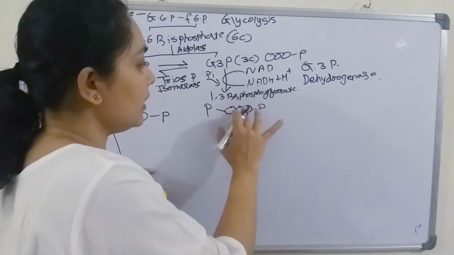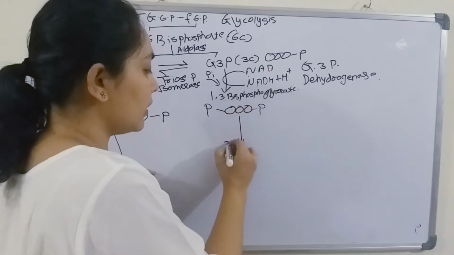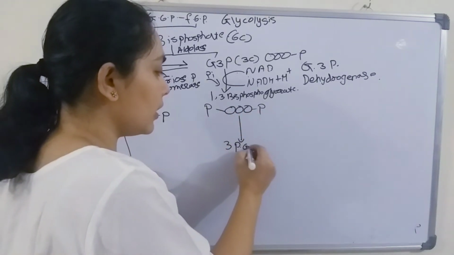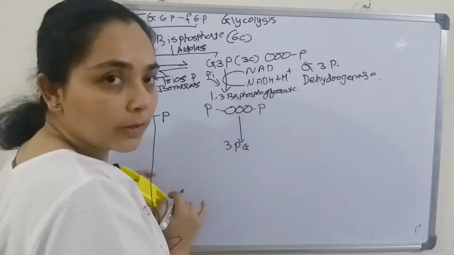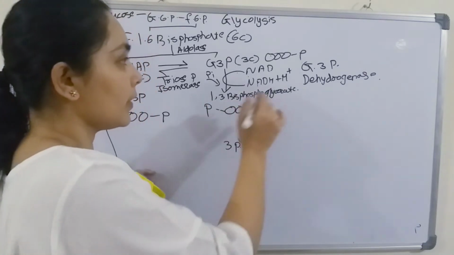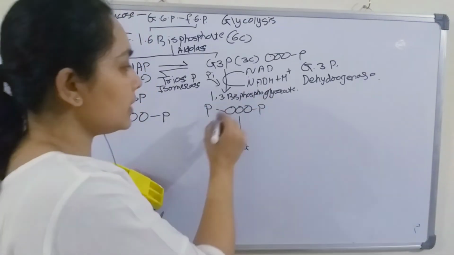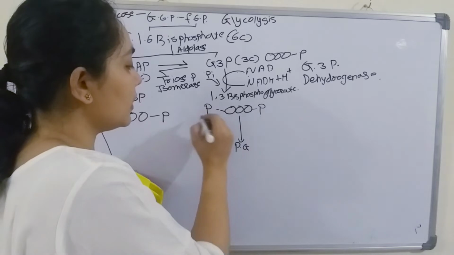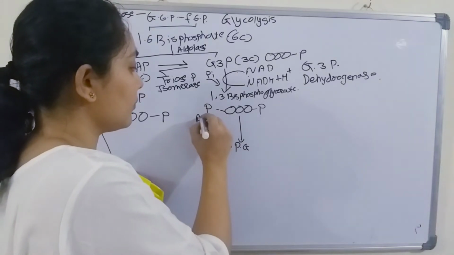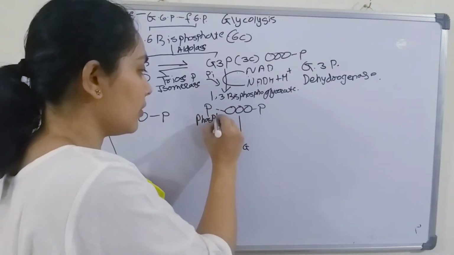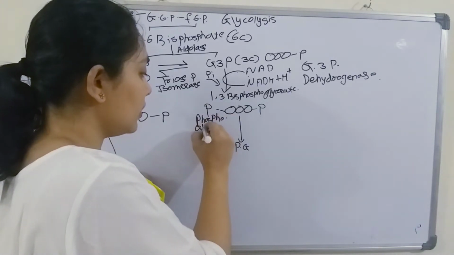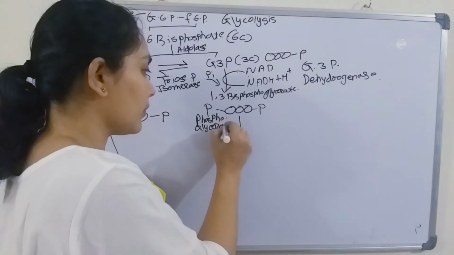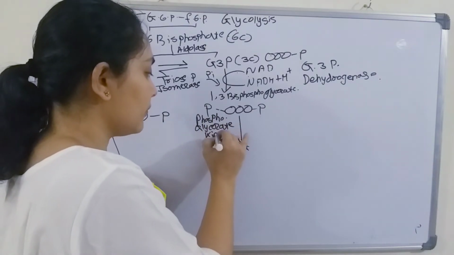So 1,3-bisphosphoglycerate will convert to 3-phosphoglycerate. That means 1 phosphate group will be removed here, and the enzyme involved here is phosphoglycerate kinase.